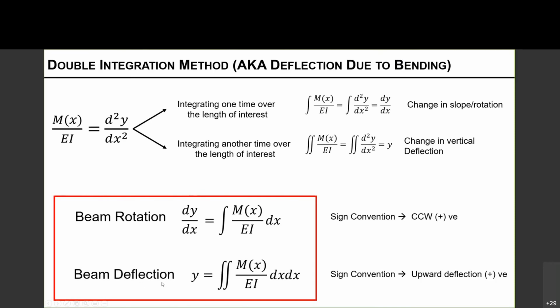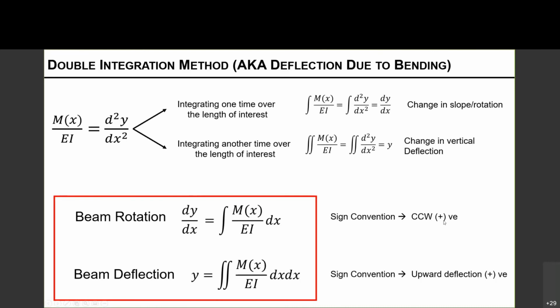The beam deflection is called y, because we are integrating another time. So we have a double integration, with the same Mx over EI inside, but this time we are doing 2 integrations of this function. When we look at the beam rotation, we have a sign convention such that counterclockwise rotations are considered positive.